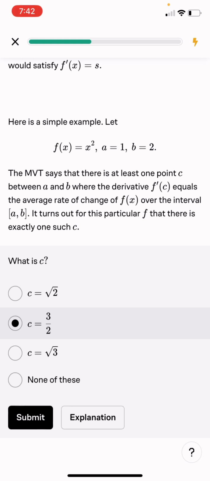So it has to equal at least 2, which I believe none of these do.